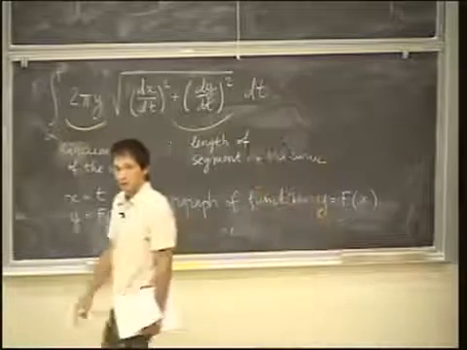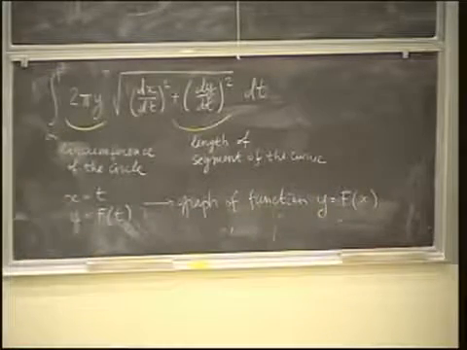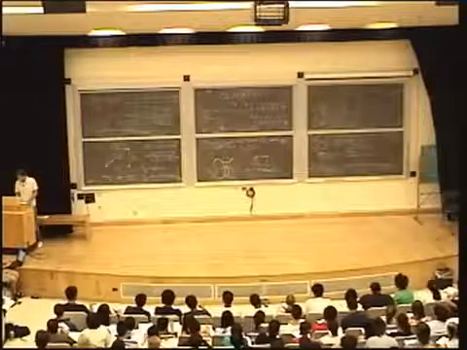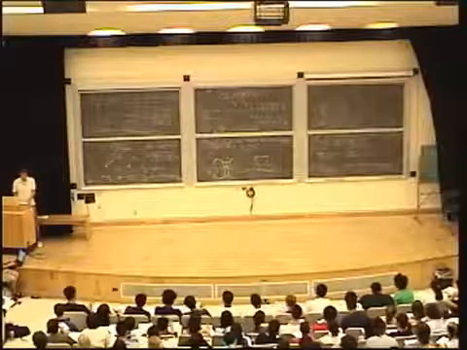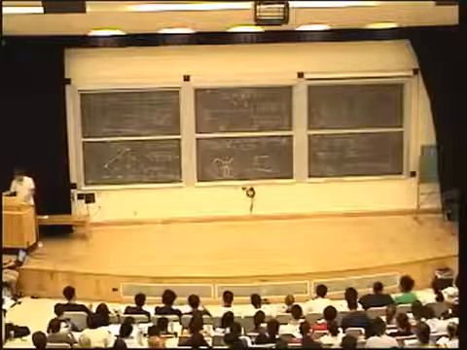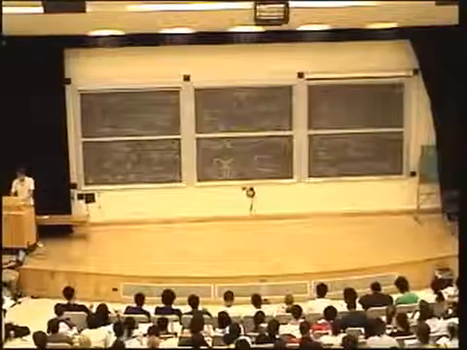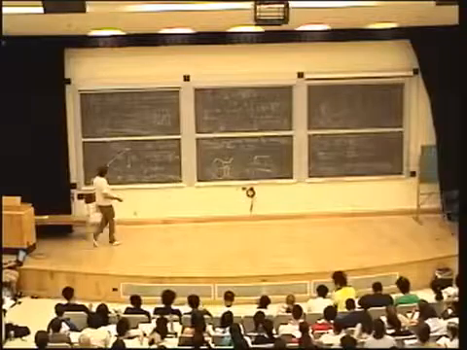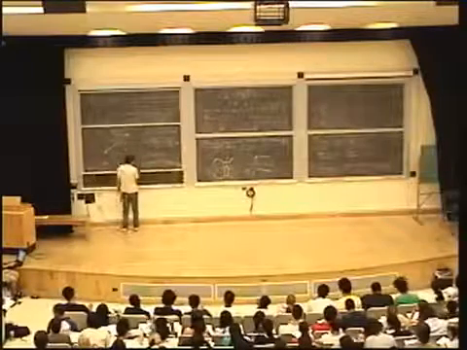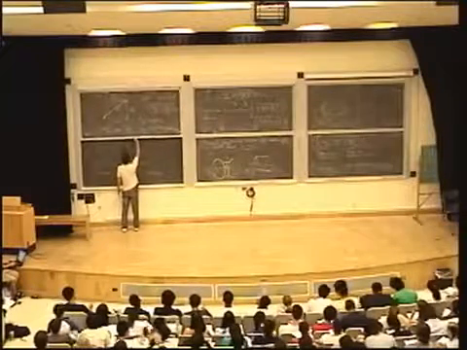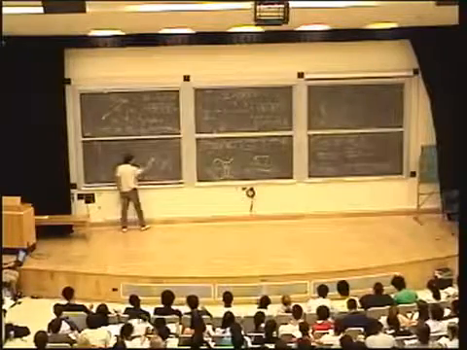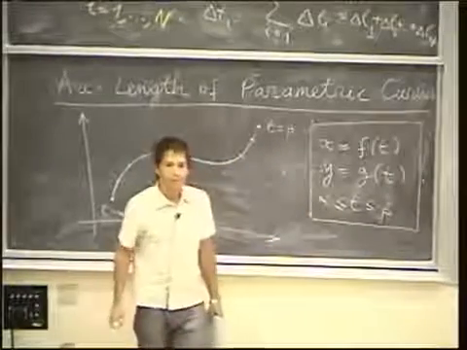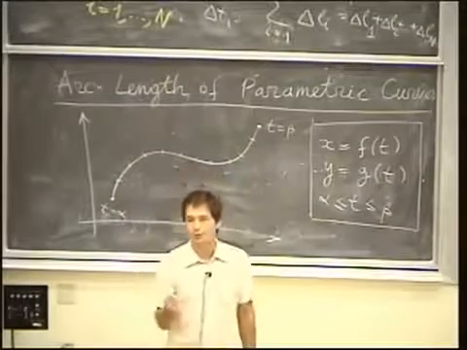Okay, so let's move on to the next subject. And the next subject is polar coordinates. Now, up to now, we have studied various questions about curves, and in all of this discussion, our initial point was a certain parametrization of this curve.